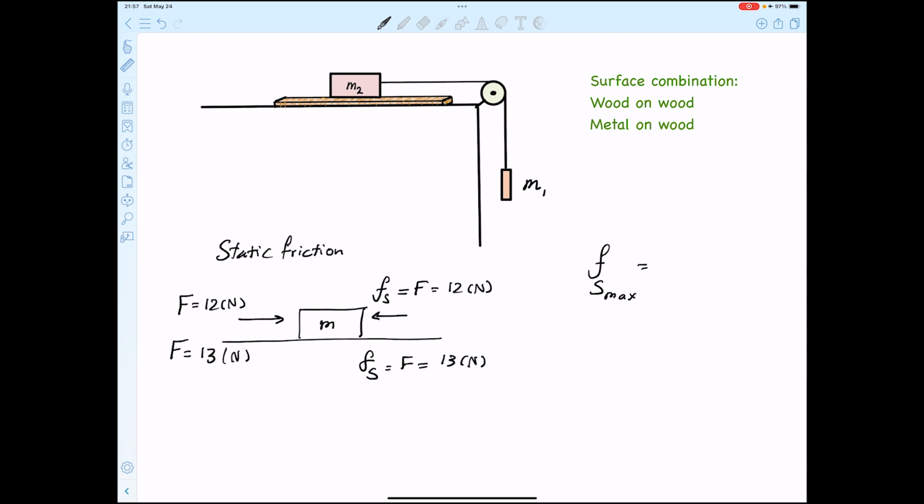At that point, the amount of static friction is not equal to the applied force, and it simply follows a formula: mu s, which is a constant number, times normal force, n. This mu s depends on the surface.